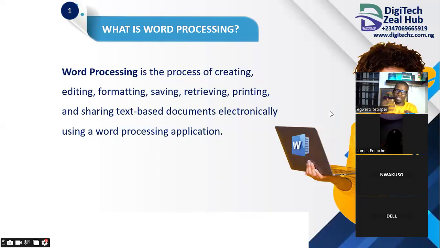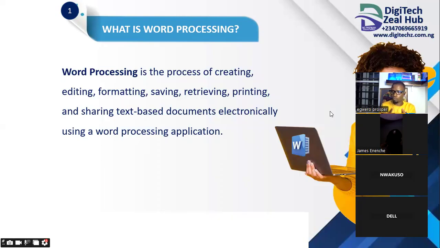So what is word processing? Word processing is the process of creating. There are some keywords I also want you to pay good attention to. The process of creating, editing, formatting, saving, retrieving, and printing. You see?